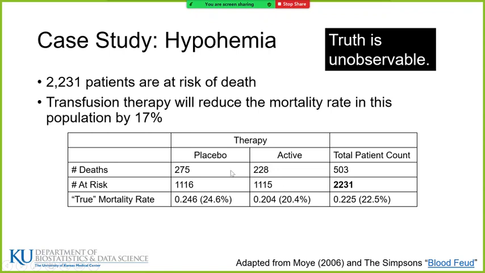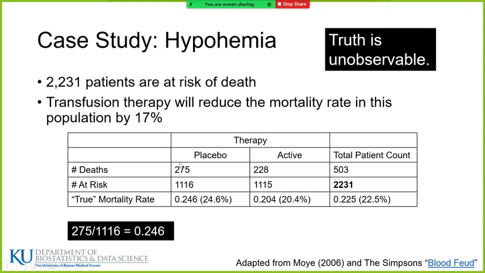And this top row, that's the number of deaths among those 1,116 placebo participants. So 275 out of slightly over 1,000 in the placebo, 228 out of slightly over 1,000 in the transfusion therapy group. And when we have this kind of data, we often report the mortality rate or risk, and that's just dividing. You divide the 275 out of 1,116.